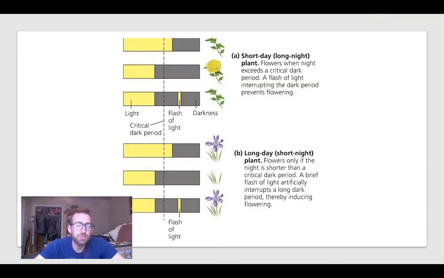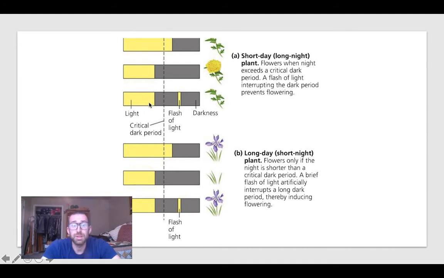Now, what's interesting is when they started investigating this, it's actually the length of night that makes most of the difference, right? So they originally thought it was day, and it's why it's named this way. But if you really look at it, if you take a short day plant and you are growing your plant, and here's the critical period right here.